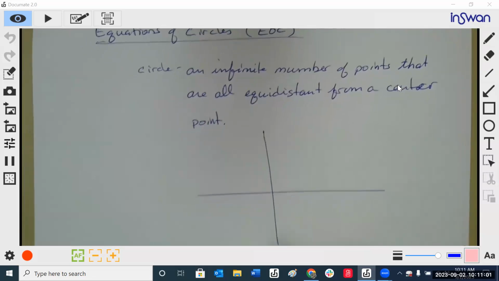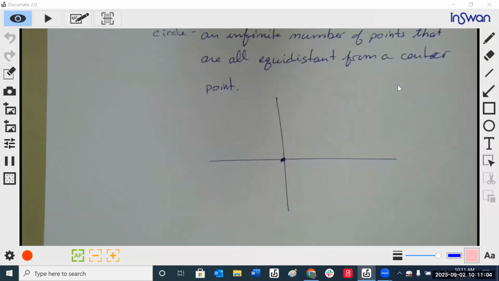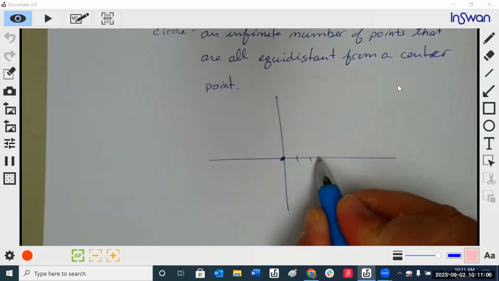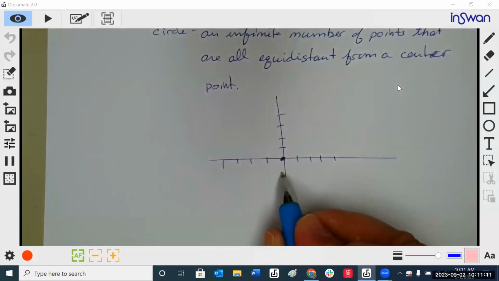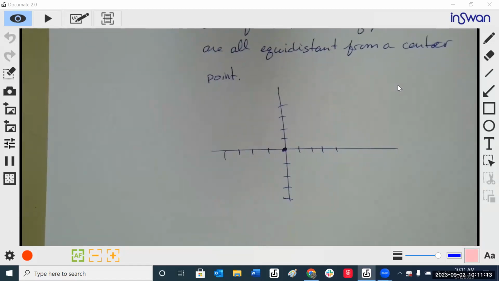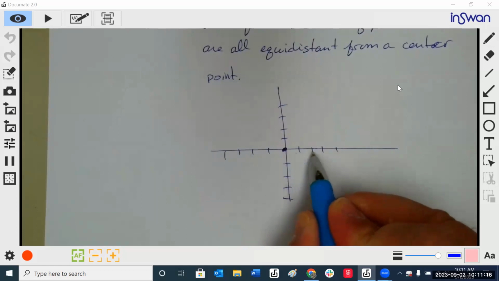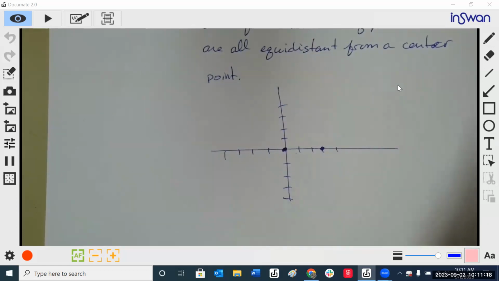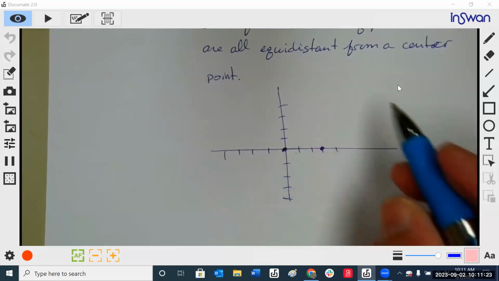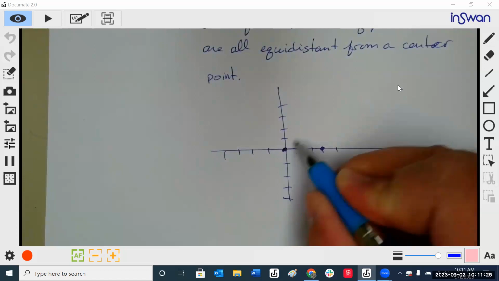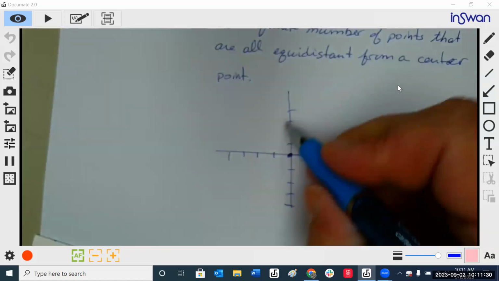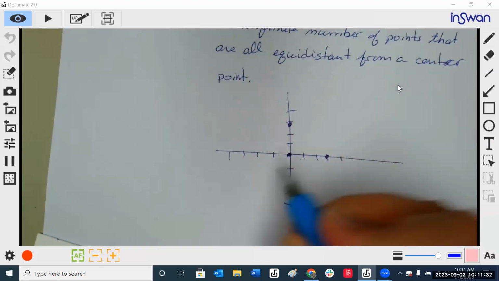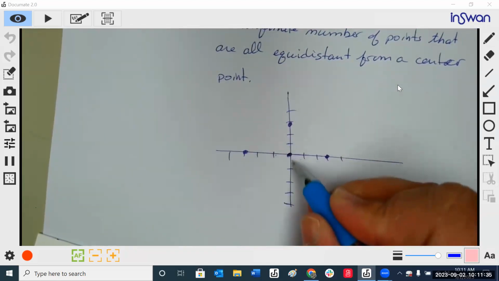Let's begin with this graph. Let's say our center point is in the middle at the origin. Let's say they're all 3 points away from the center point. Well, 1, 2, 3, 1, 2, 3, 1, 2, 3.